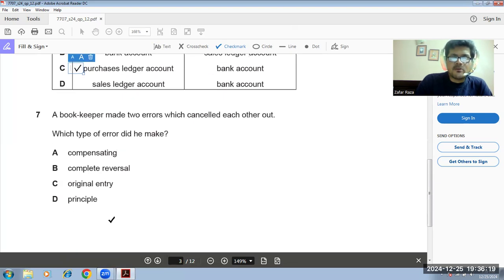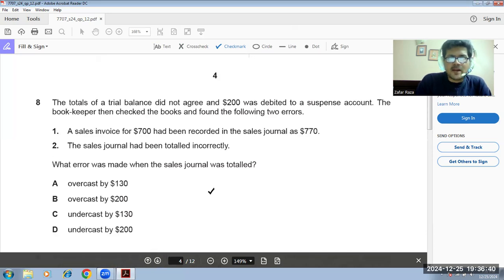A bookkeeper made 2 errors which cancel each other out. Cancelling error means compensating error. A wrong entry in revenue and a wrong entry in expense cancel out each other, so it's a compensating error. The total of a trial balance did not agree and $200 was debited to a suspense account.